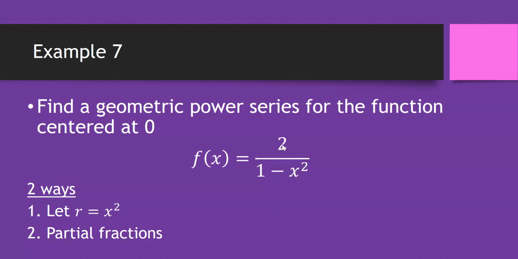Well, that looks already like a over 1 minus r. And the x squared is already centered at 0 because it's like x minus 0 squared. So that's the easiest way. Just let r be x squared this time instead of letting r be x or x minus 2 or something like that. So let's go ahead and do it that way.